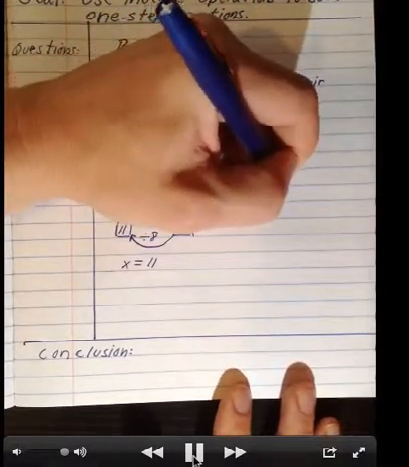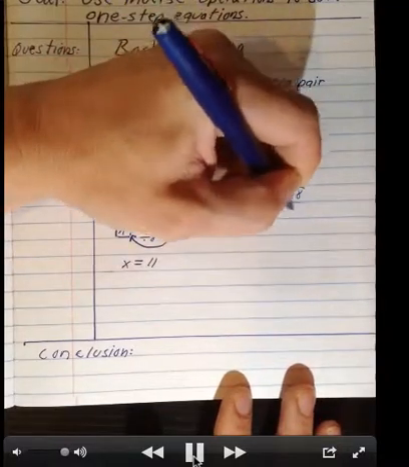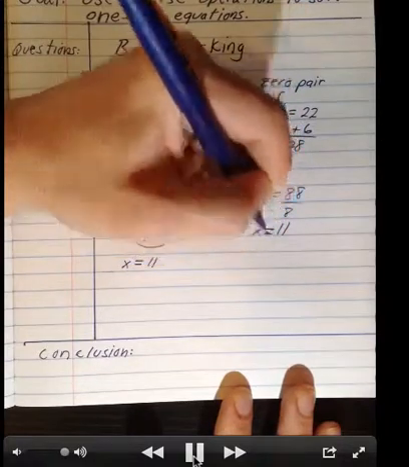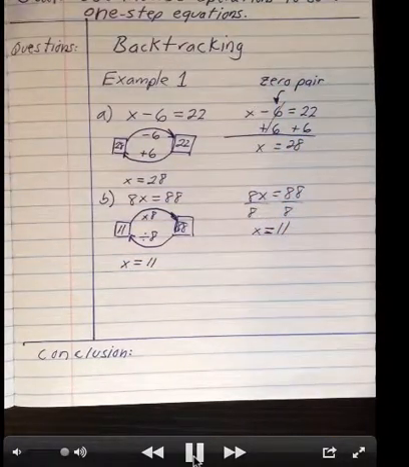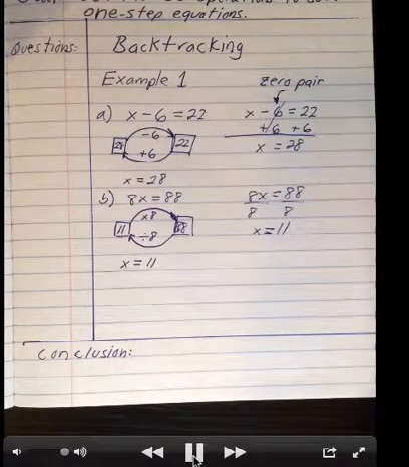I'll show you the standard notation is to divide both sides by 8, creating a 1 for the coefficient for x, and 88 divided by 8 is 11. So you get the same result using backtracking or standard notation.